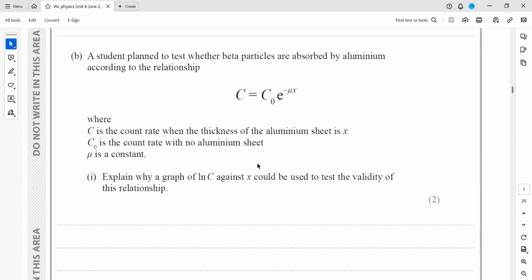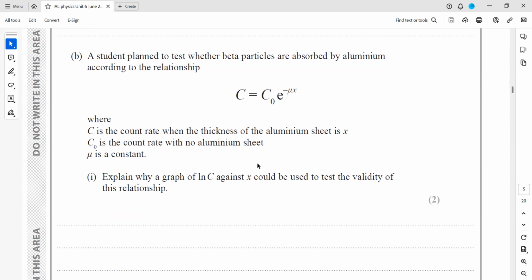A student planned to test whether beta particles are absorbed by aluminium according to the relationship C equals C naught e raised to the power minus mu x. Sometimes in Unit 6, you will see some weird equations, but don't be confused by them.